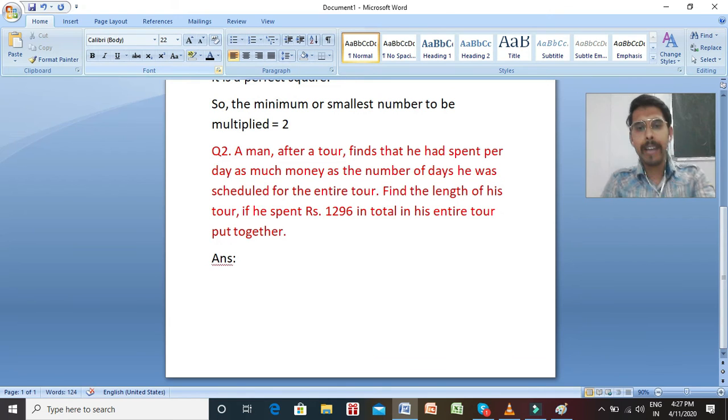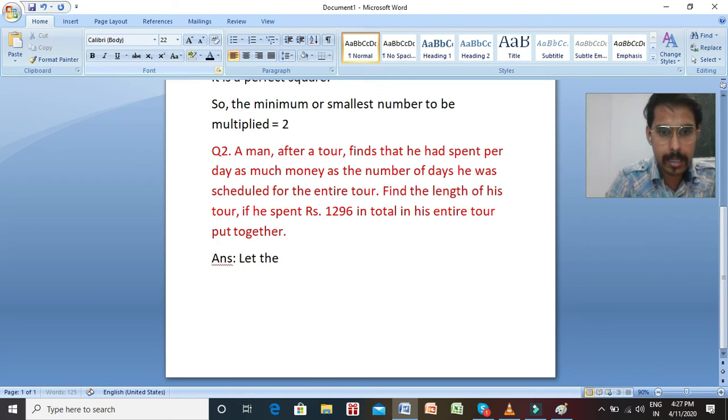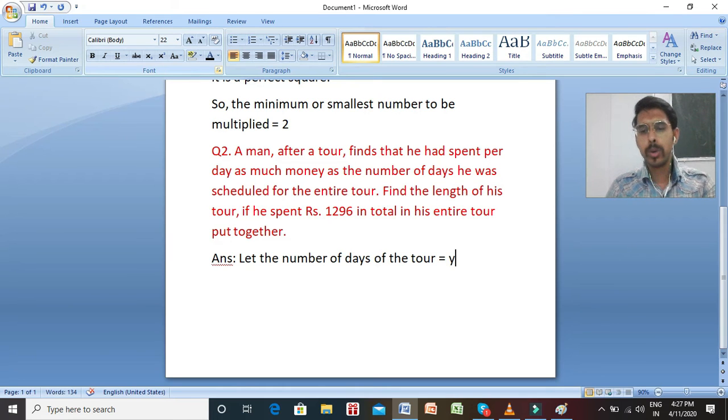So first thing is, let the number of days of the tour, or you can say let the length of the tour, be equal to, let's say, y. Let the number of days of the tour be equal to y.